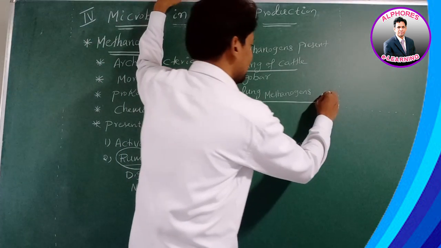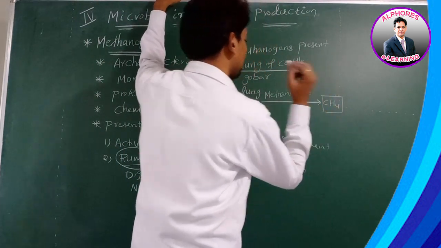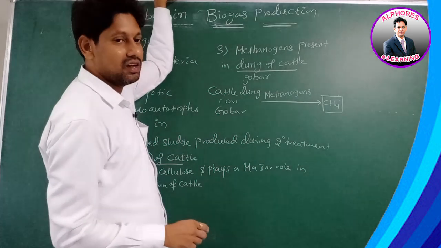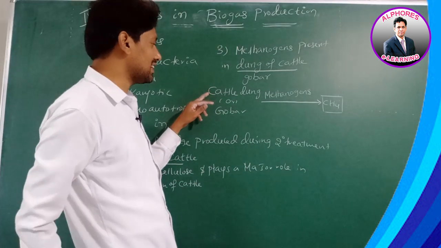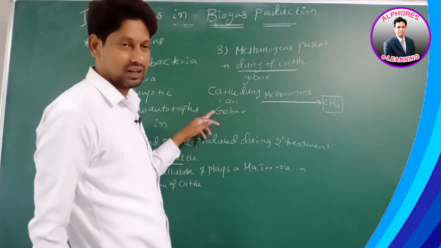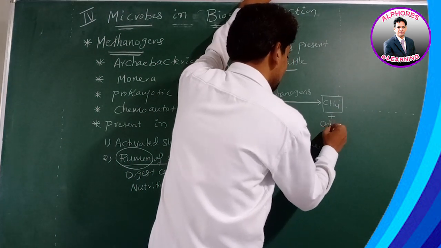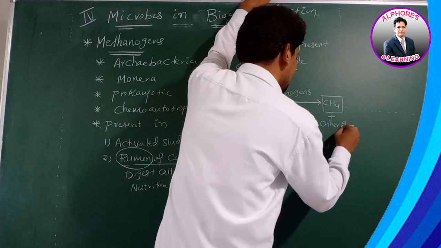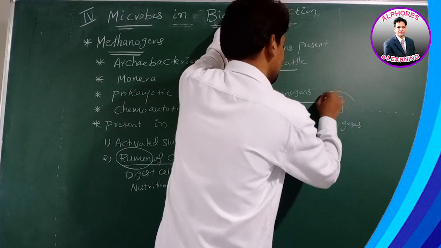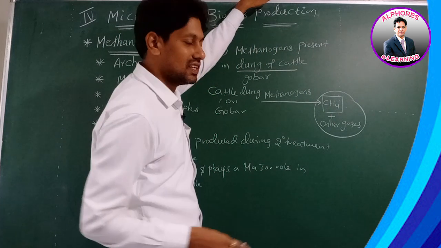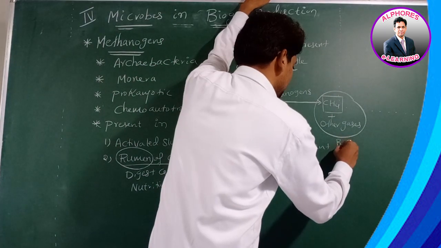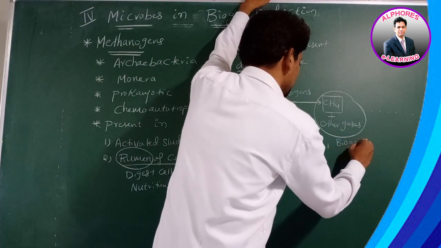Sir, this methane which is produced from cattle dung or gobar, along with other gases, together forms which gas, sir? Biogas.